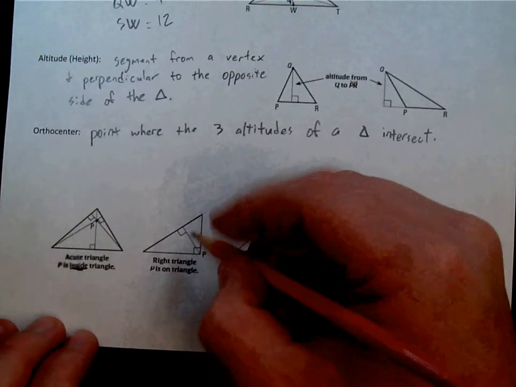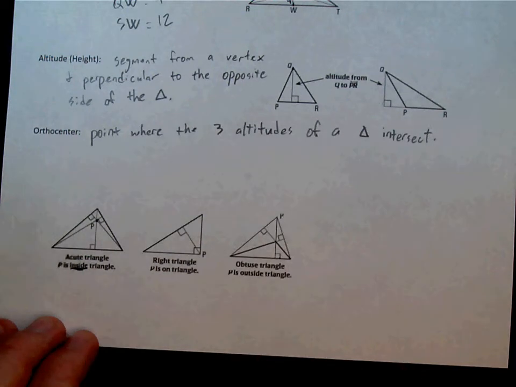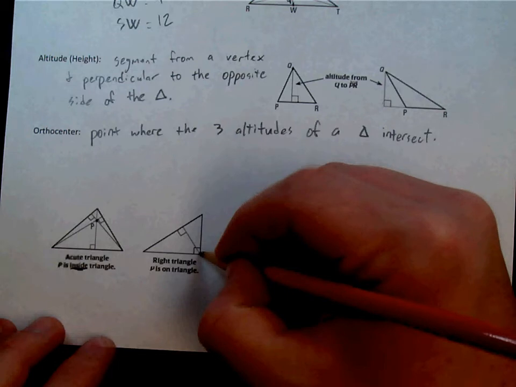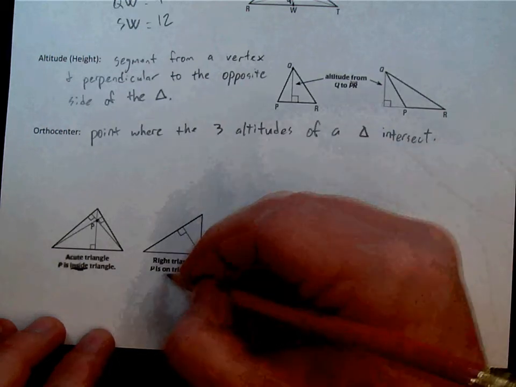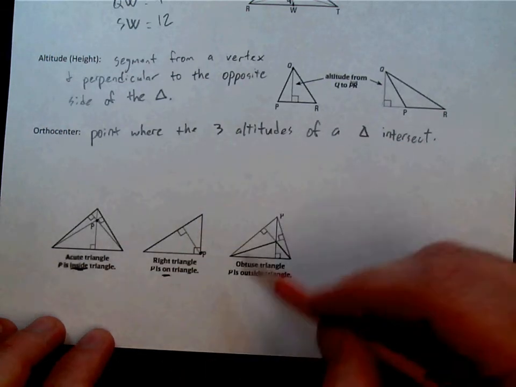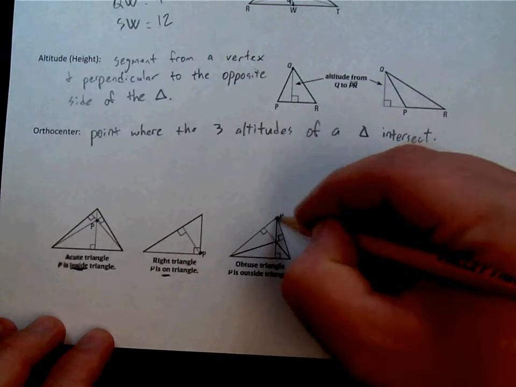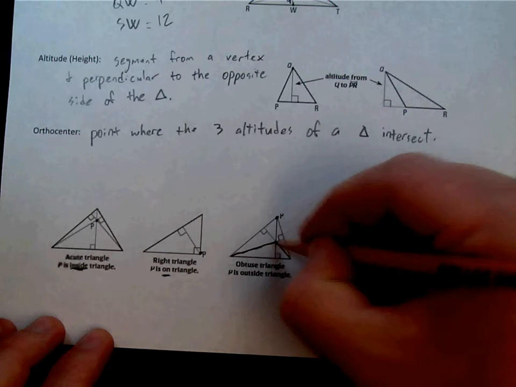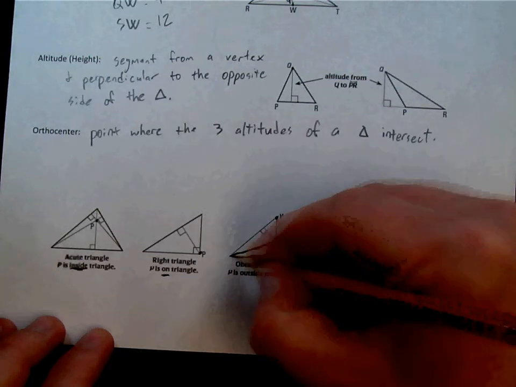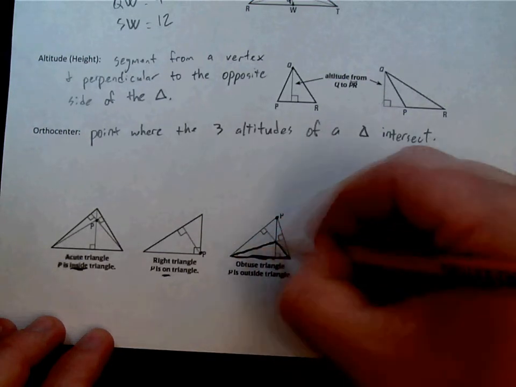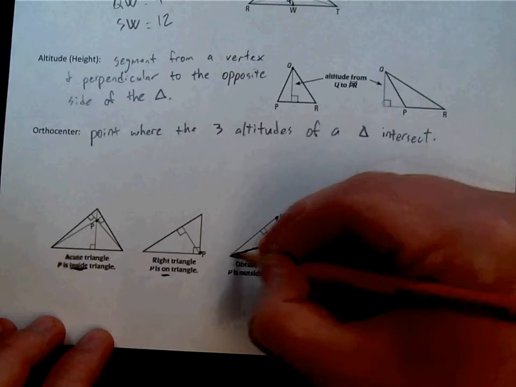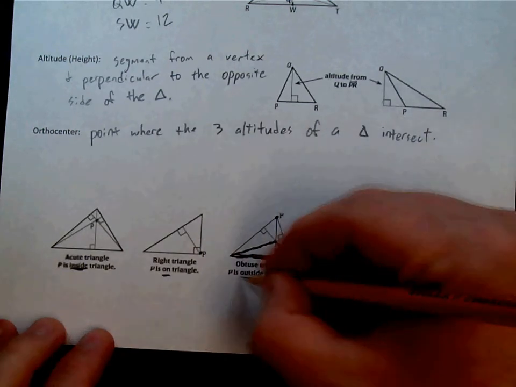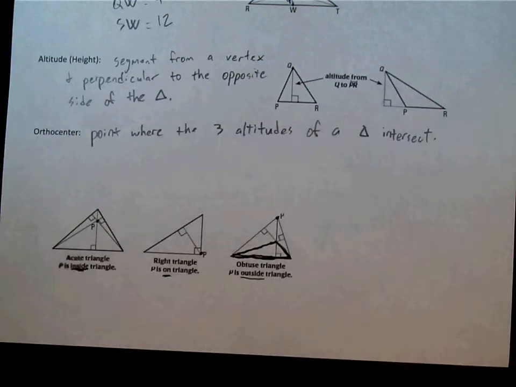When it's a right triangle, the orthocenter happens to be on the triangle. And when it's an obtuse triangle, the orthocenter happens to be outside, because we had some heights that were outside the triangle, so they all intersect out there. So it can be inside, it can be on, or it can be outside.